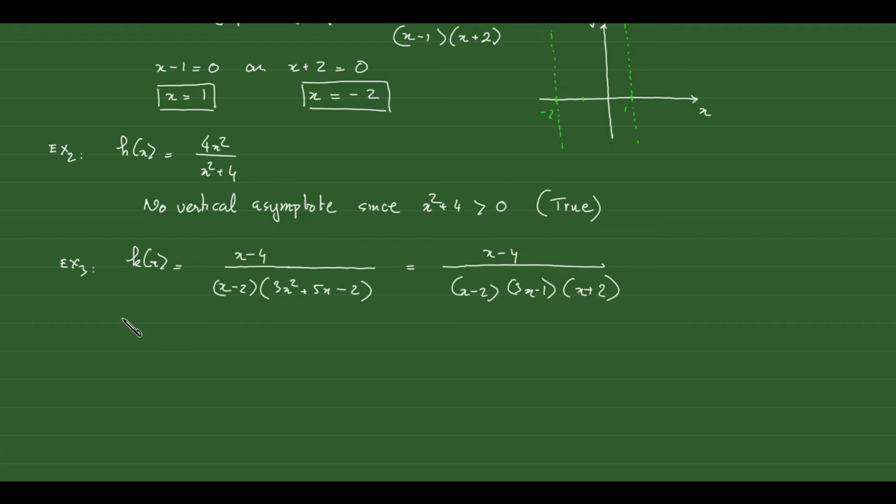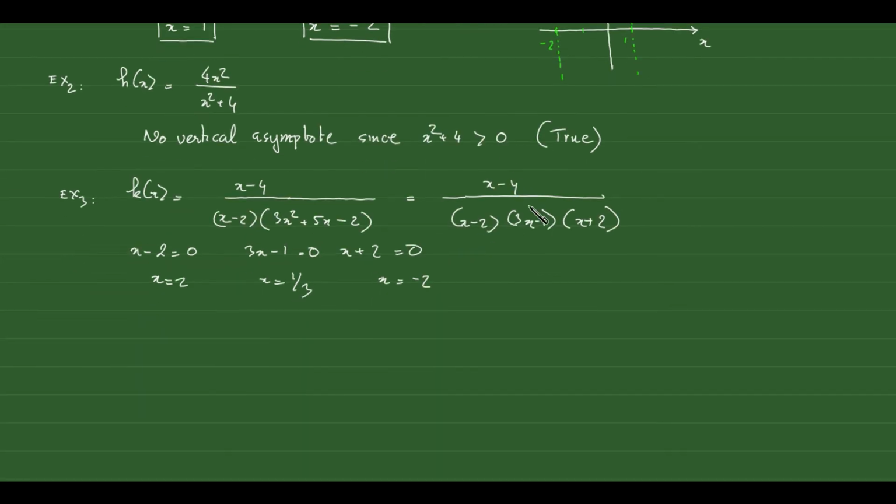So in order to find the vertical asymptotes, you just set each of them equal to 0. So you have x equal 2 as one of the vertical asymptotes, x equal 1/3, and x equal negative 2. So we have 3 vertical asymptotes. If we put them on the sketch, you're going to have something like this.